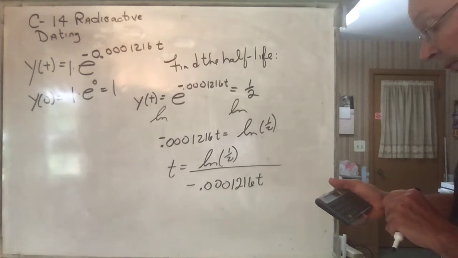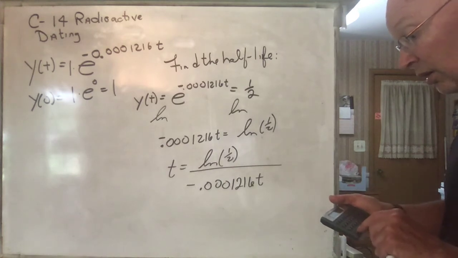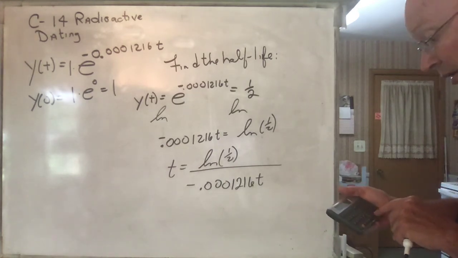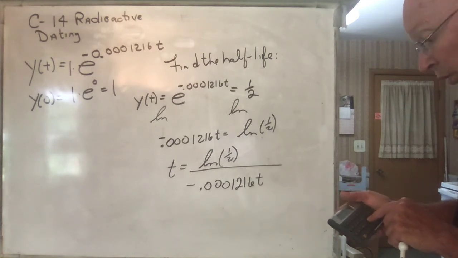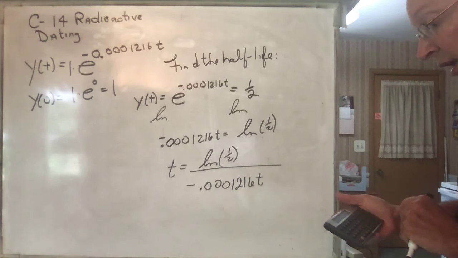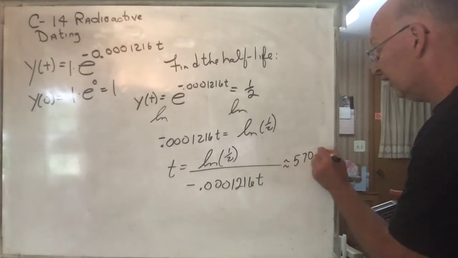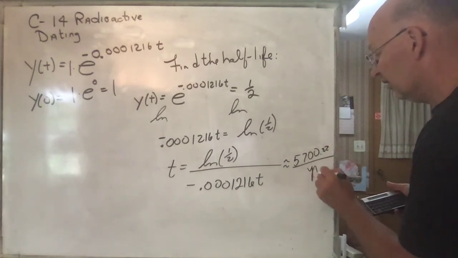I'll do it right here. I'm going to go ln, enter, 0.0001216 divide, and I get very close to 5,700, just a tad over, 0.22. Okay, and that's in years.